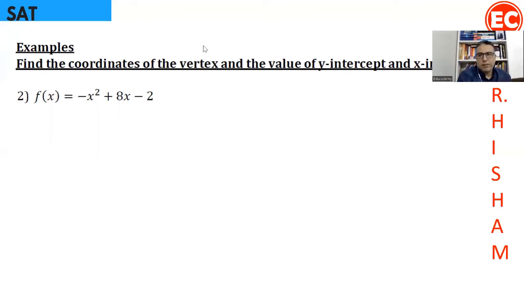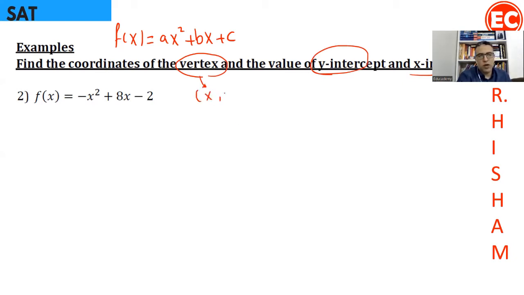Regarding the second example, we're still working with the first form of the quadratic function, ax squared plus bx plus c. I wanted to find the vertex, the y-intercept, and the x-intercept. The vertex is x and y, where x is equal to negative b over 2a, and y is f of negative b over 2a.